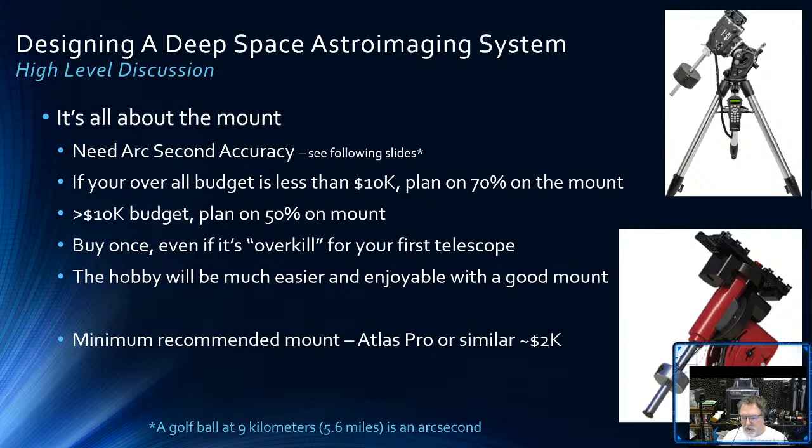The Atlas Pro is really the minimum mount that I would recommend, and the capacity and some of the upgrades that mount has, the belt drive, the saddle, the extra thick counterweight, et cetera, that you would have to add to a lesser mount, make it a good package deal. And so, think about spending around $2,000 on a mount as a minimum.